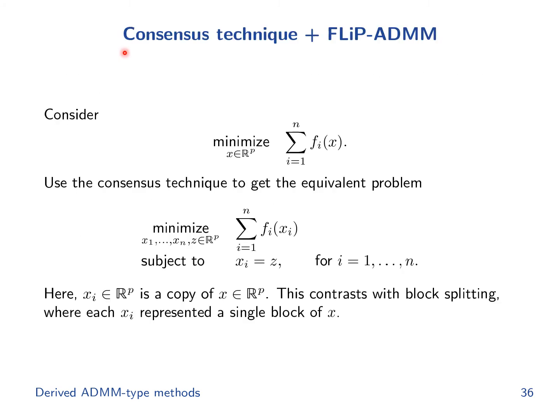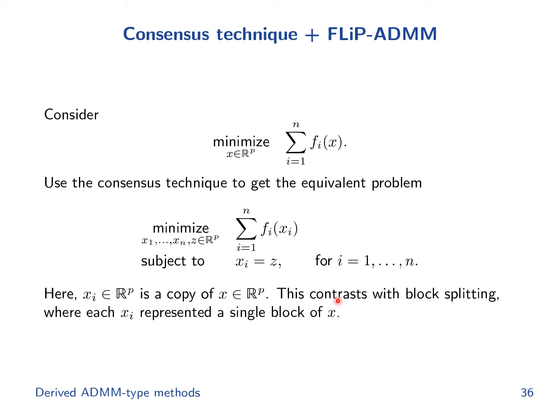Next, let's re-examine the consensus technique and see how it plays with FLIP-ADMM. Consider this finite sum problem where we minimize the sum of f_i of x, over i equals 1 through n. Using the consensus technique, we can introduce a variable z and let z equal x_i. Here x_i is a copy of x, and we make this copy in order to get easy subproblems.